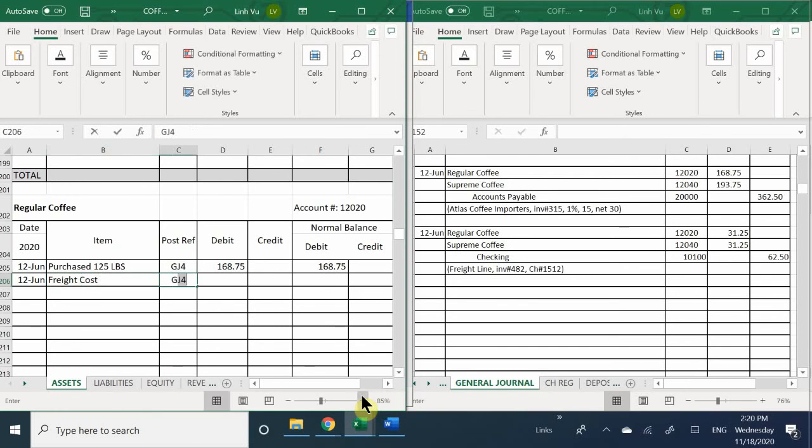Okay? Same thing, general journal number 4. And this time I'm increasing my account by $31.25. So again, we're going to apply that same exact formula: add any debits, subtract any credits.